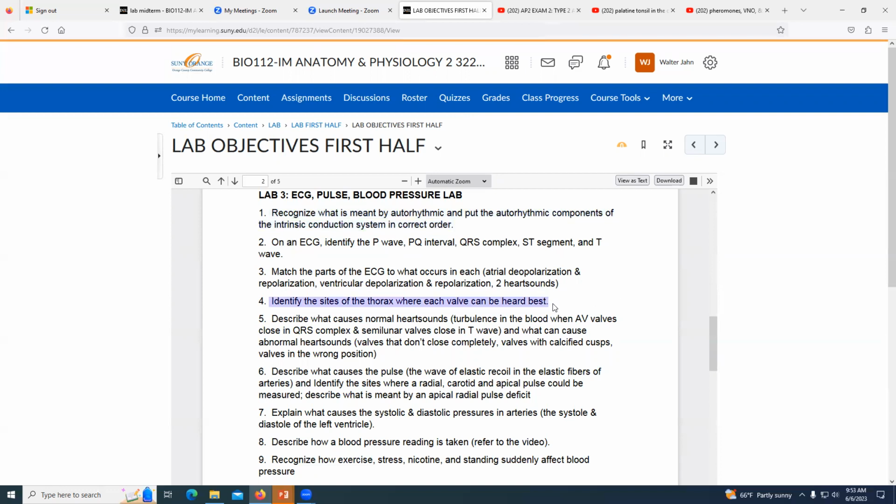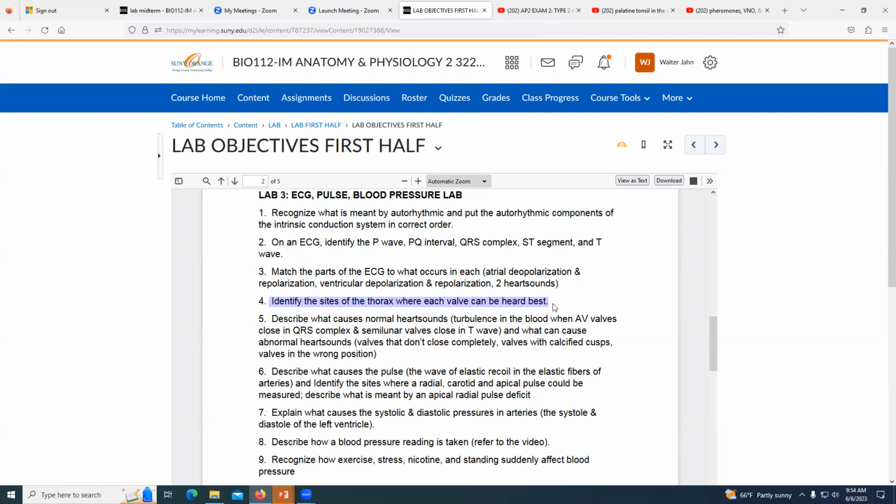If I said, what heart sound is best heard from this spot? Let's say the fifth intercostal space to the right of the sternum. You'd say, that's the right AV valve. The AV valves make sense: the right one's heard on the right side, the left one's heard on the left side. But the second intercostal space is where the semilunar valves are heard, and they don't make sense until you think about the anatomy of the heart.